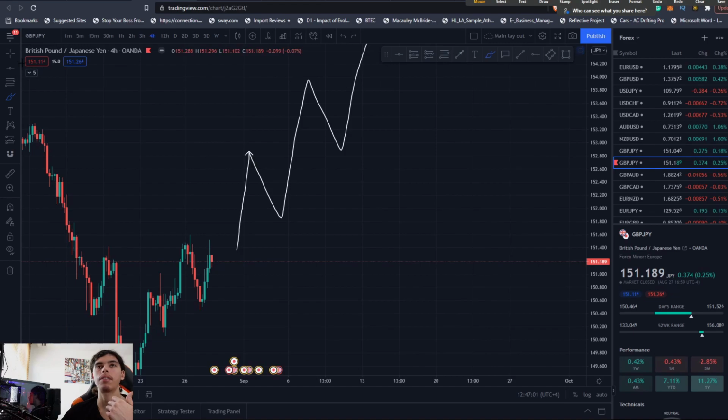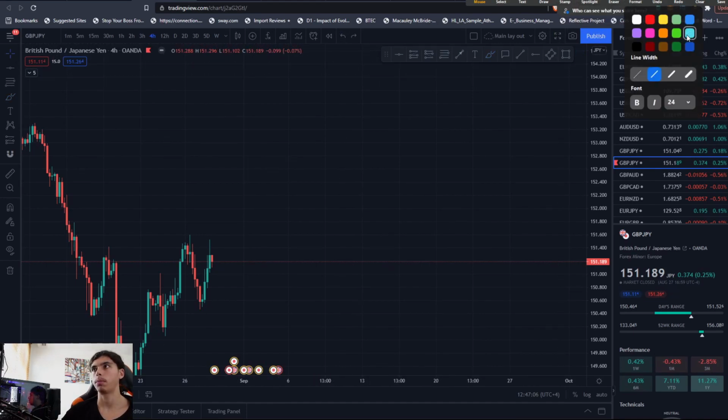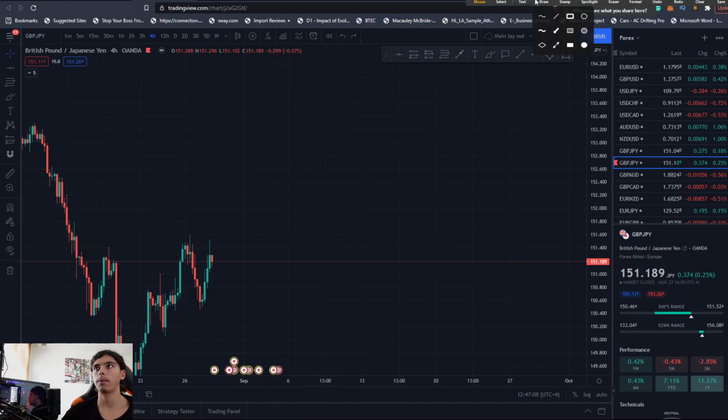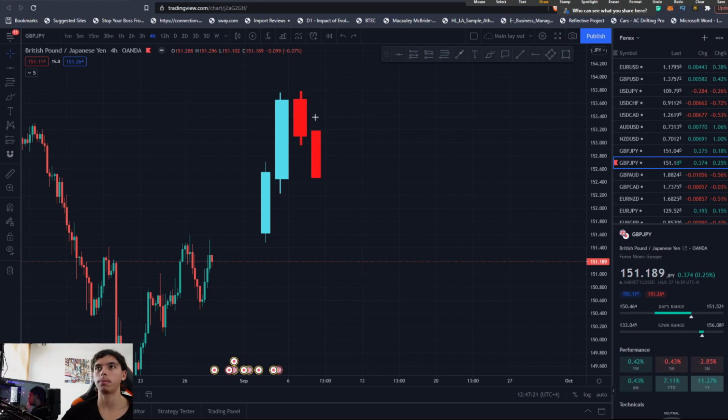Let me explain from this point of view. Let's say we have an uptrend here, and I'm going to draw an uptrend with some nice candles, with price continuing up on a bullish trend, something like this. Now price decides to make some resistance here. Very simple stuff. This is the resistance price has made, and now price ends up making some support here.